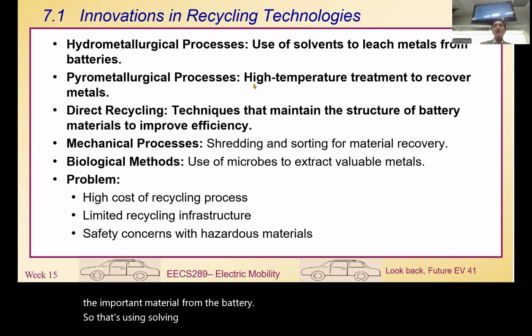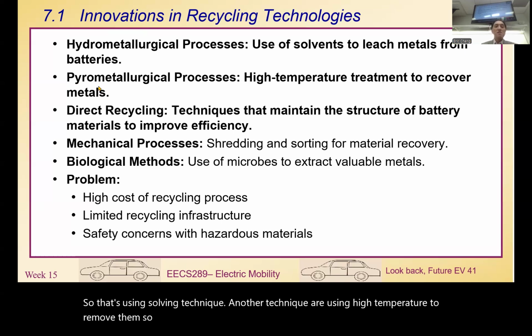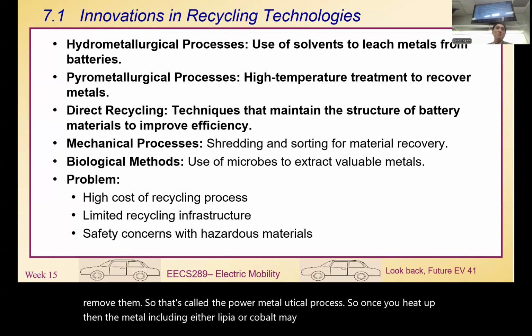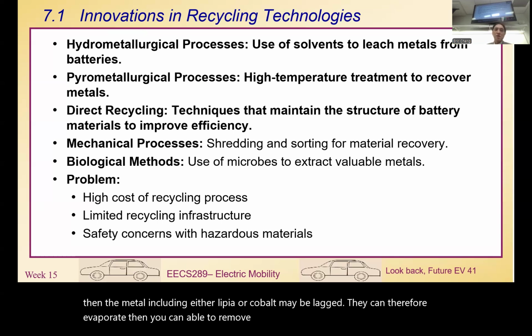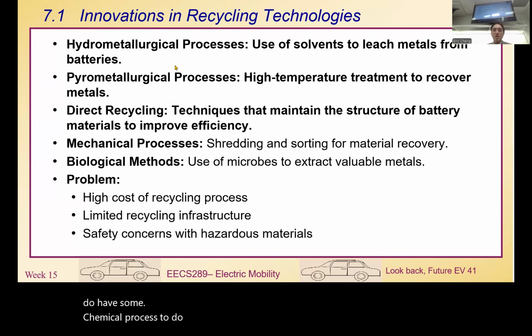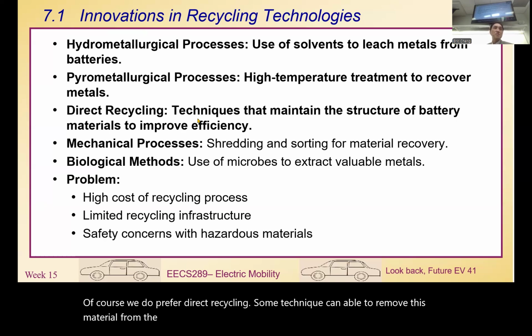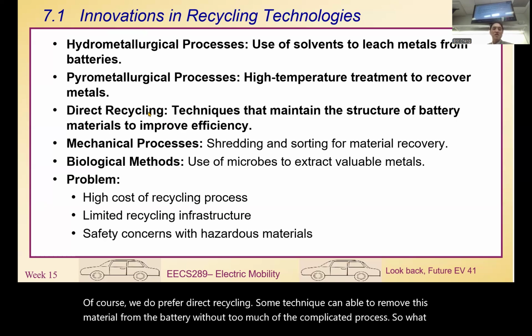Another technique uses high temperature to remove them. That's called the pyrometallurgical process. Once you heat up, the metal, including lithium or cobalt, maybe lead, can evaporate. Then you are able to remove and recover them. Of course, we do have chemical processes to do the job, but we prefer direct recycling. Some techniques are able to remove this material from the battery without too many complicated processes.